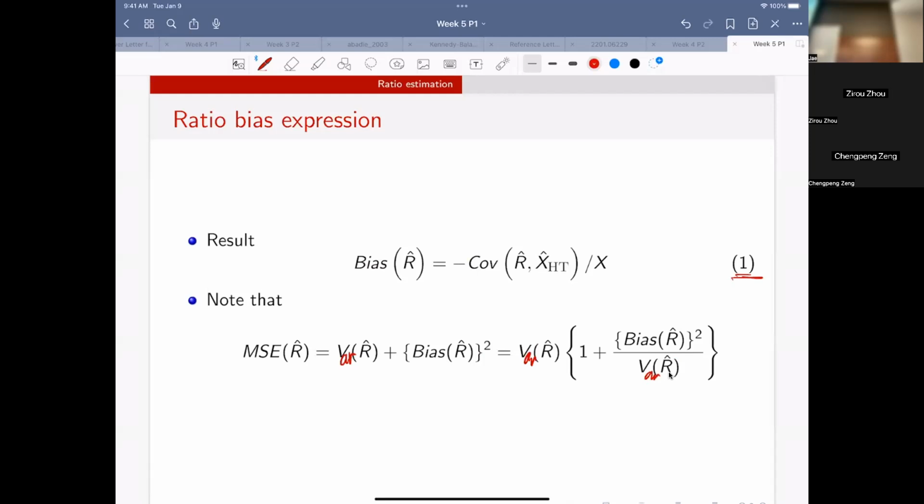One important weakness of the ratio estimator is that it is a biased estimator. People may criticize the ratio estimator because it is biased. Why do you use that, right? People may argue.